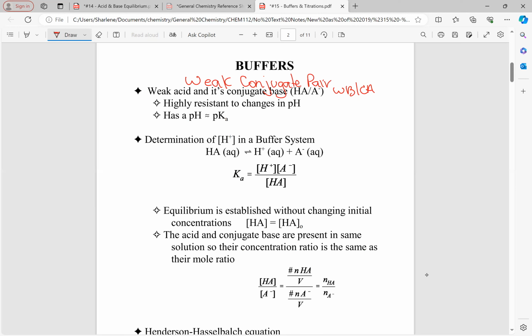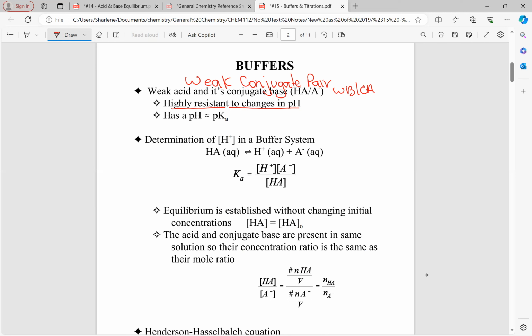We tend to usually just say weak acid and its conjugate base. Its purpose is it is highly resistant to changes in pH. And when I say highly resistant, I mean really highly resistant. And its pH is approximately the same as its pKa.